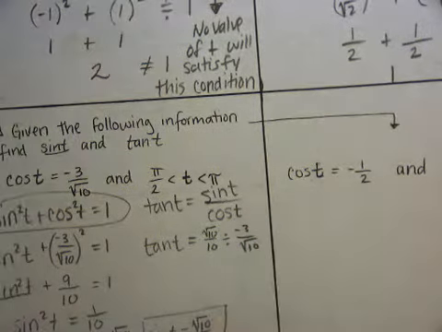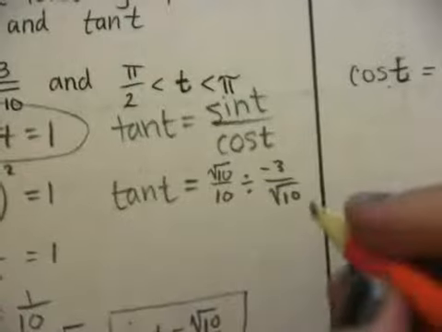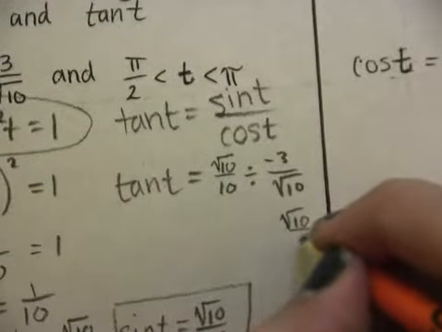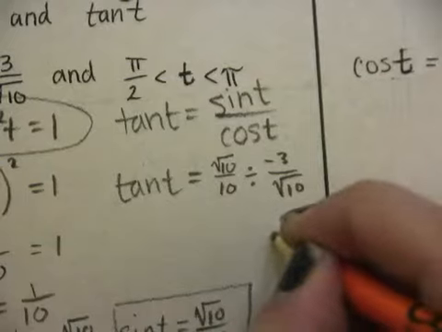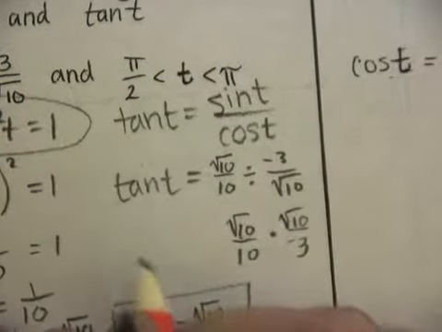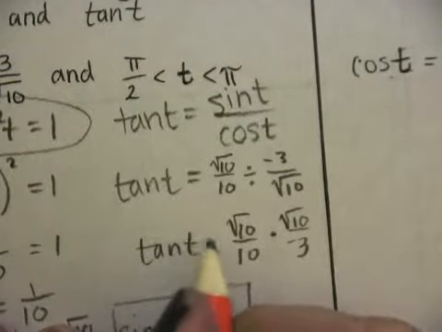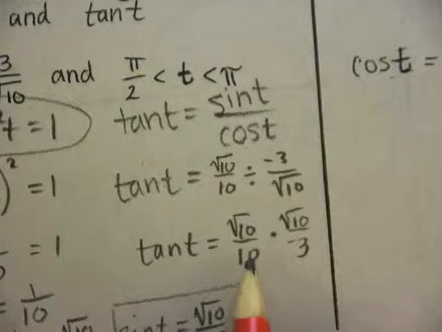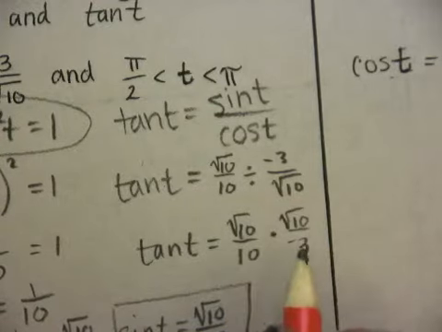And division of fractions is as easy as pi. You flip the second, basically write the reciprocal, and multiply. So division is multiplying by the reciprocal. So tangent is square root of 10 times square root of 10, which is just 10. And then 10 times negative 3 is negative 30.